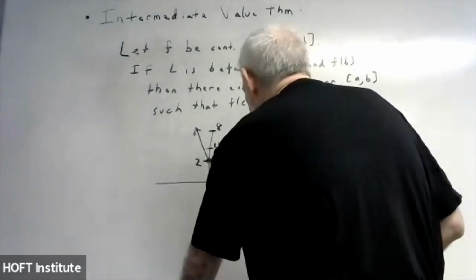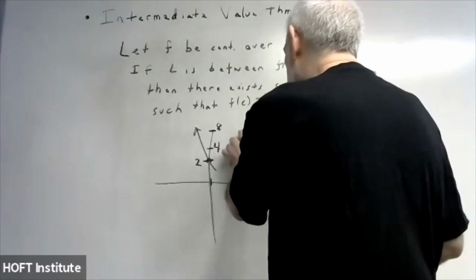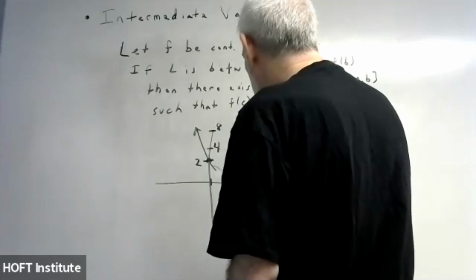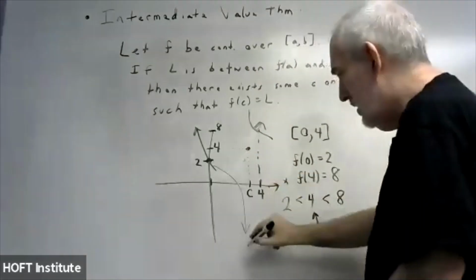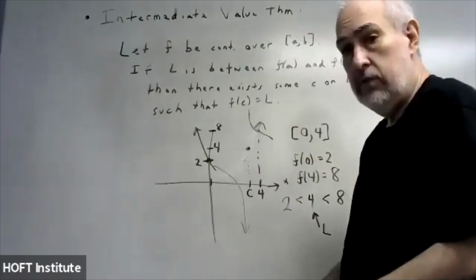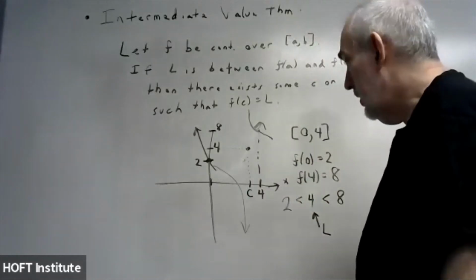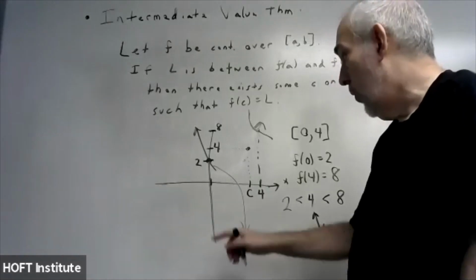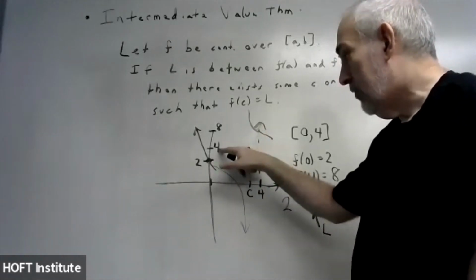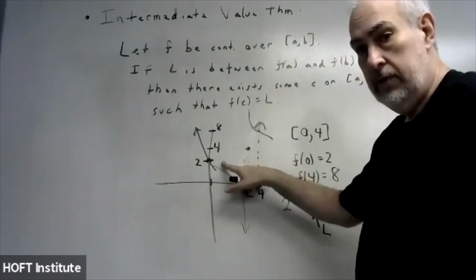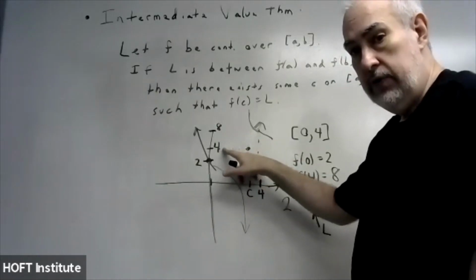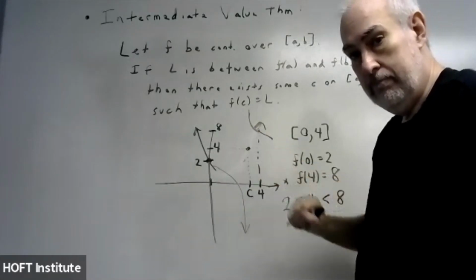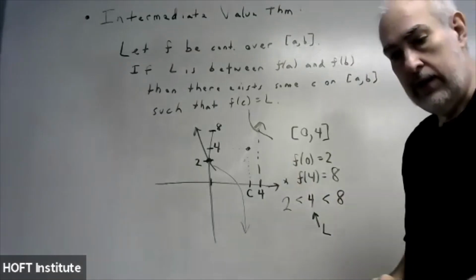Or maybe we had like a vertical asymptote, like that, but then a vertical asymptote is an infinite discontinuity. So really there's no way, if the function's continuous, to avoid crossing a height that is in between these two heights. And that's why L needs to be between f of A and f of B. Okay, so that's the intermediate value theorem.